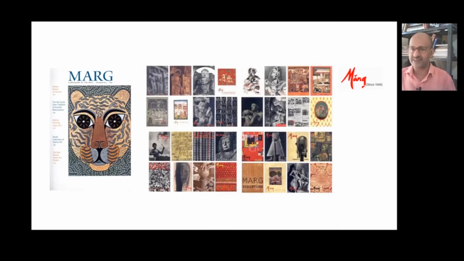So these magazines helped the artists and their artworks to reach this new client, this new group of art buyers and collectors in India.